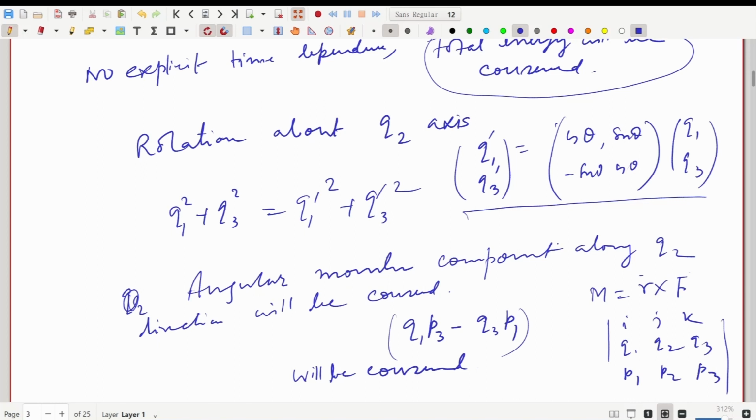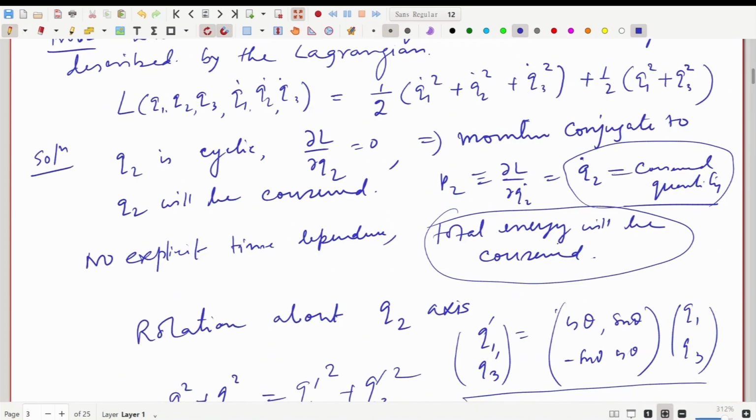In this particular system we find that the Lagrangian is symmetric under time translation, and symmetric under q2 translation because there is no q2 appearing. And also if we perform a rotation about the q2 axis, it is invariant. So there will be three conserved quantities.